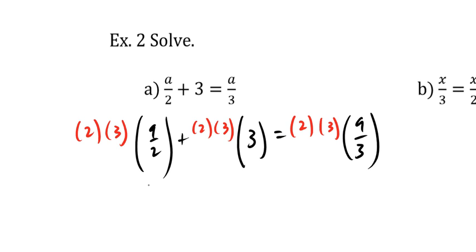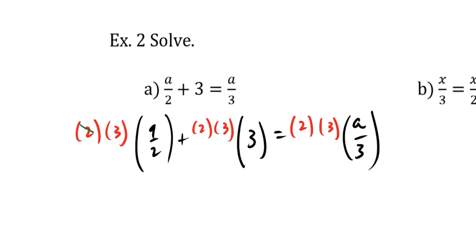So see how the question is still in there. A over 2 plus 3 equals a over 3. And all I've done is multiply the left side and the right side by 2 and by 3. That's the same as multiplying by 6, but I grouped it this way so I can do this.